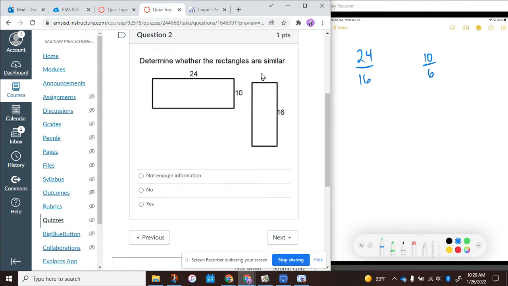If you punch both of those things into a calculator, you're going to see that 24 over 16 is equal to 1.5. 10 over 6 is, well, honestly, it's just not. Okay, 10 over 6 is equal to 1.66 repeating. So, if that is the case, we have different proportions for our related side lengths, we would say no, they are not similar to each other.